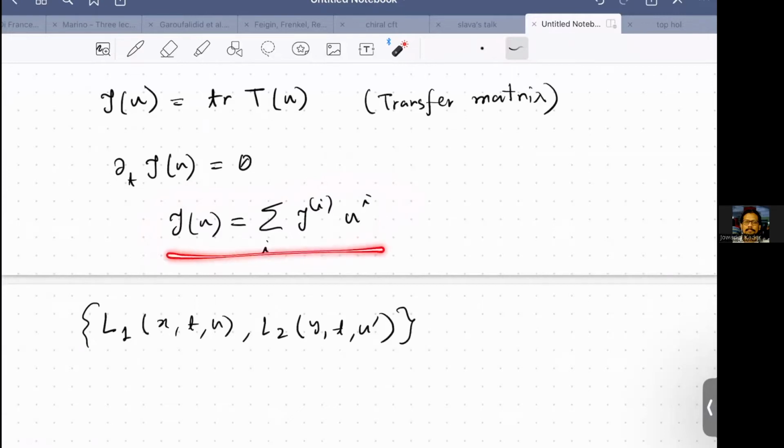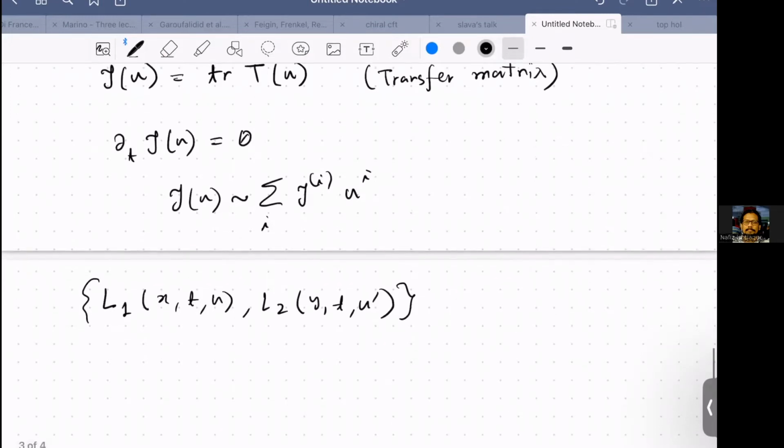It doesn't have to be convergent. You can think of this as an asymptotic expansion, even if this series does not converge. Is it something like the operator product expansion? Well, in the sense that operator product expansions are also asymptotic in general, yes, although I'm not taking an operator product. Okay. You are just simply expanding it in powers of u. Right.